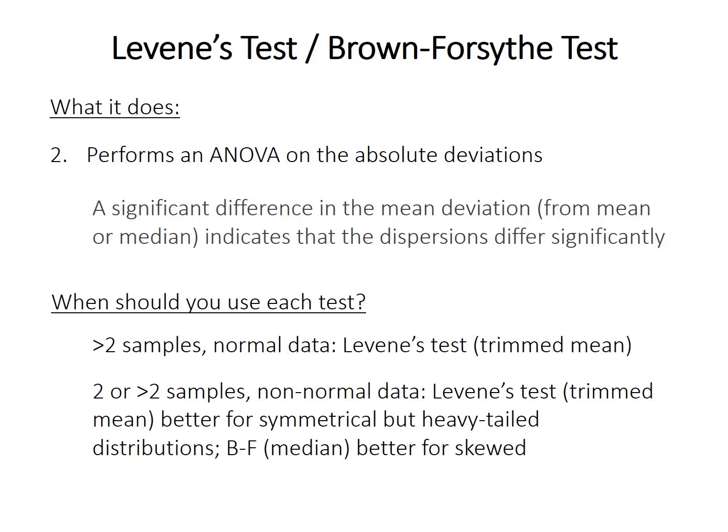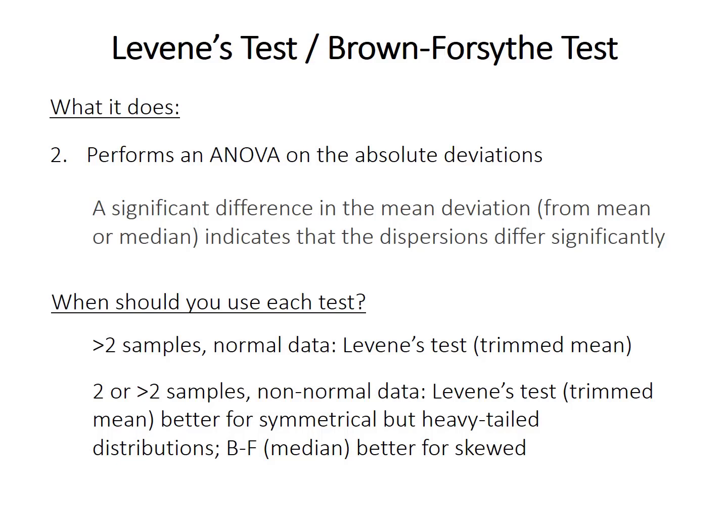So when should you use each test? Well, for more than two samples that are actually close to being normally distributed, you should still use Levene's test, even though the data are more or less normal. But if you have two samples or more than two samples with non-normal data, you have this choice. The rule of thumb seems to be that Levene's test using deviations from the mean is best if the distribution is still symmetrical, but is what's called heavy-tailed, so flatter and with larger tails than a typical bell curve for the normal distribution.